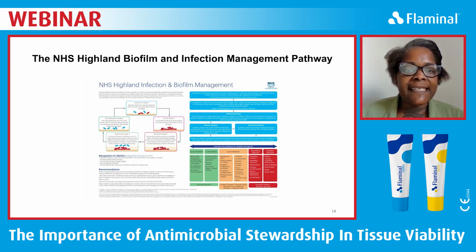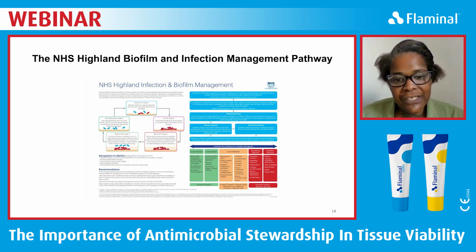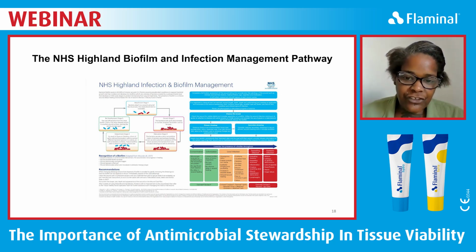in the form of the NHS Highland infection and biofilm management pathway, which looked at informing clinicians, firstly, of what biofilm actually is, and that it affects more than 60 to 80% of chronic wounds or hard-to-heal wounds, and that there is a process we should be following for reducing the risk of patients developing infection as a result of Staphylococcus aureus, Streptococcus, Pseudomonas, or E. coli.